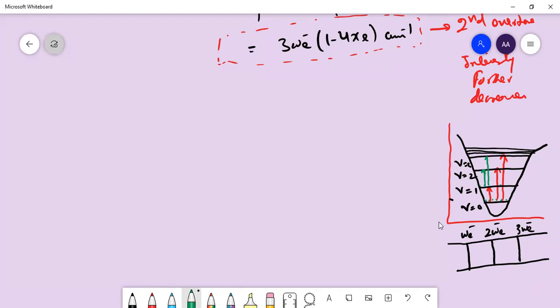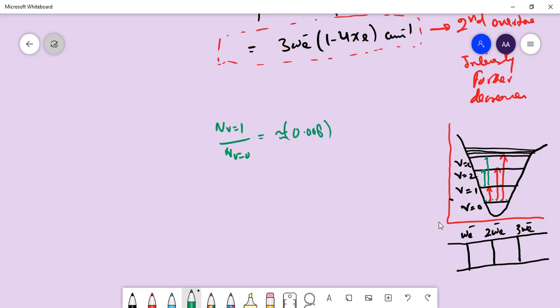If we see the population difference between V0 and V1, the population ratio here is N(V=1) to N(V=0), and this we can get by solving the Boltzmann distribution equation. The value of this is around 0.008.